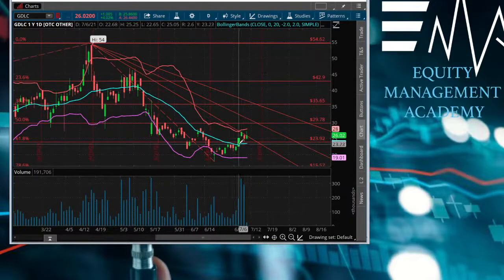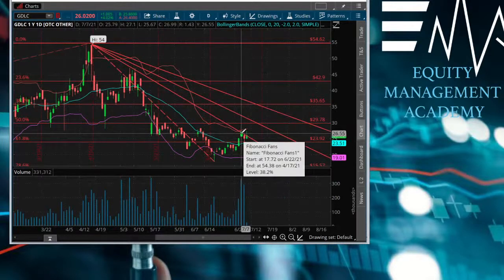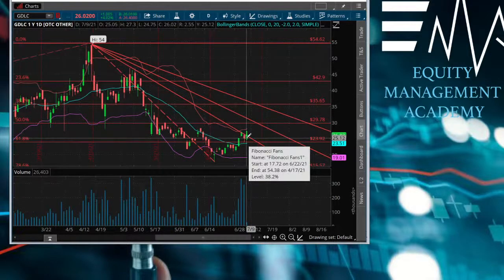And now we're looking at activating the reversion. You can see here the Fibonacci trend line resistance obviously is holding this move, this breakout, for the time being, building a pattern.